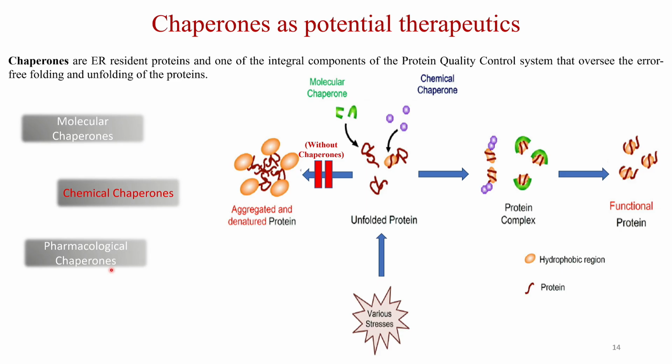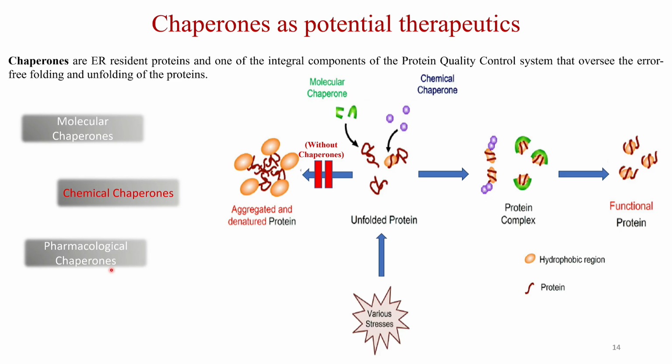Many scientists, if they see this mechanism, found that if we could somehow reduce the aggregation of these proteins, then we can treat this particular disease, and chaperones become a very good method of treating these aggregations.